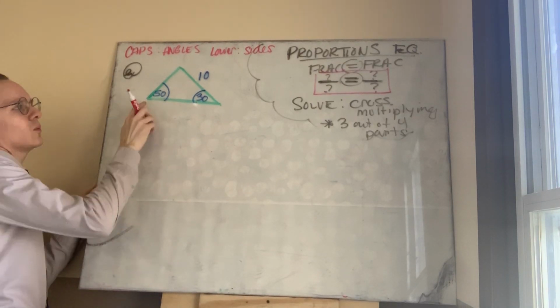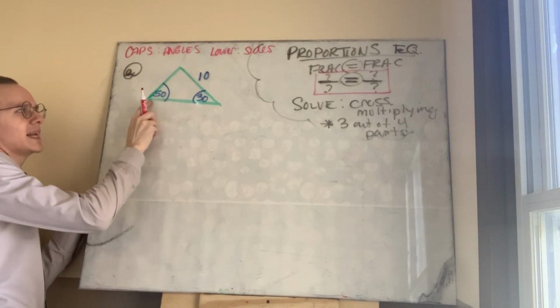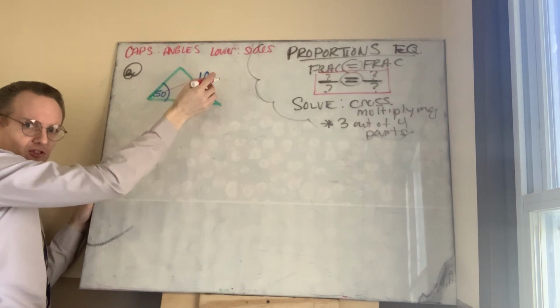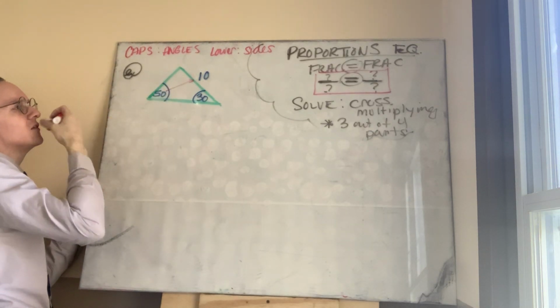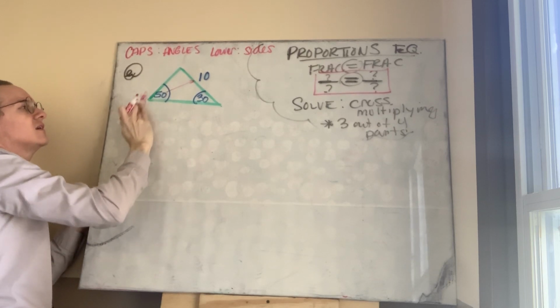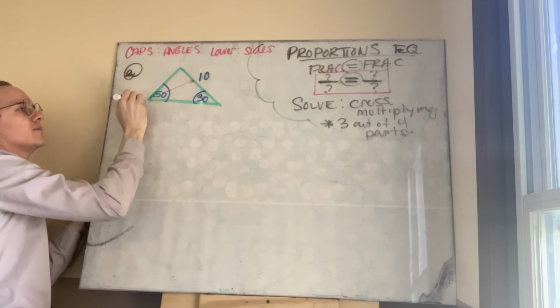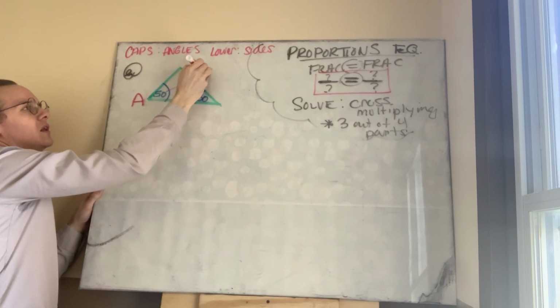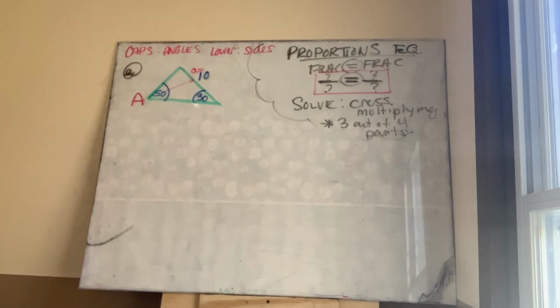So what I have here is an angle and a dimension that is immediately opposite of it. I'll call this capital A, I like capitals, forgive me, and I'll call this lowercase a, and we'll say that it's 10.